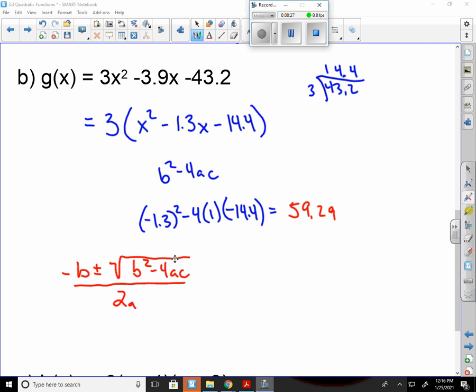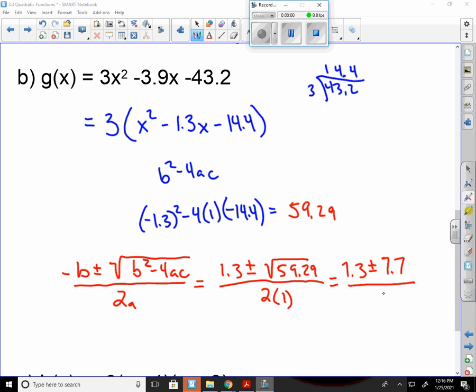Negative of negative 1.3 gives me positive 1.3 plus or minus the square root of 59.29 over 2 times 1. The square root of 59.29 is 7.7. This is 1.3 plus or minus 7.7 over 2.